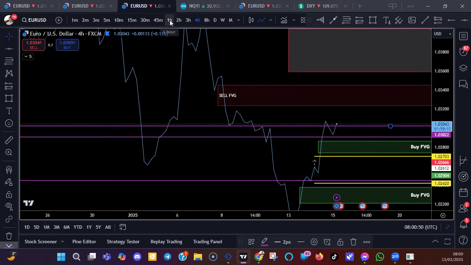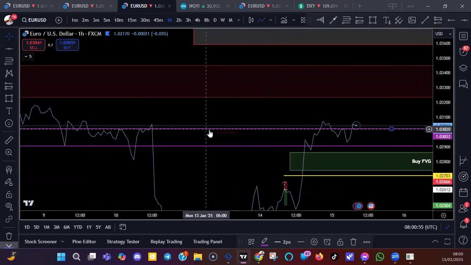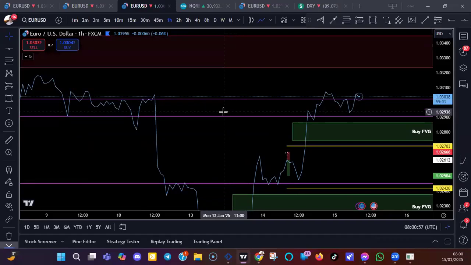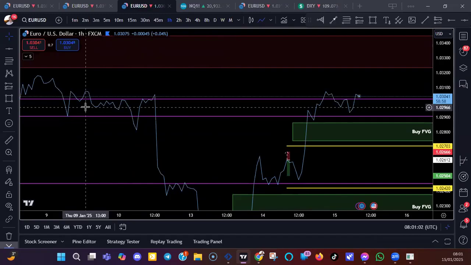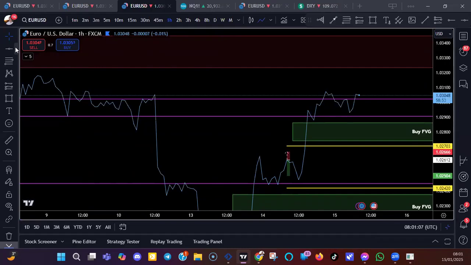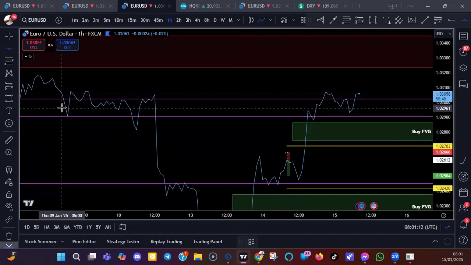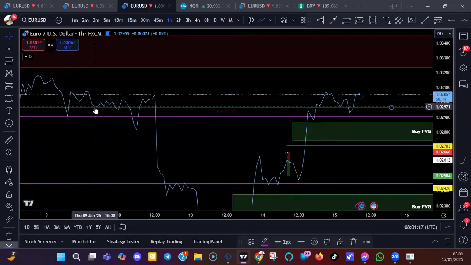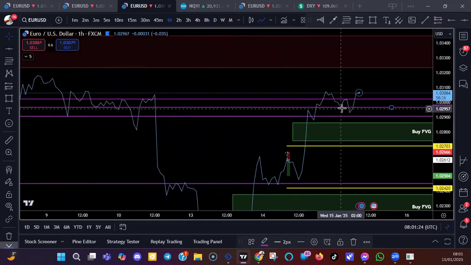So we'll go down to the hourly and see if we can get a bit more accurate with these moves. Like for example, this area here. I won't go lower than the hourly, but this area here was straight along there for an hour. Then it was resistance, support, support, support.